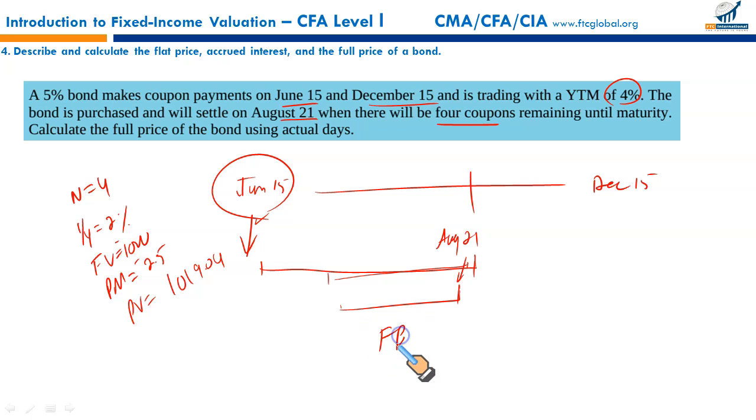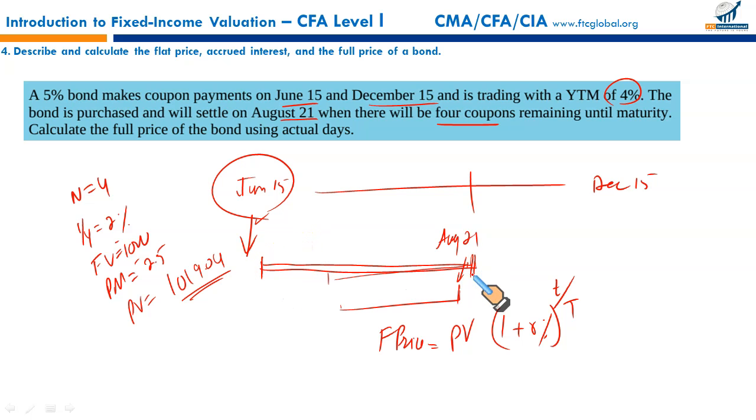The full price is equal to the present value, which we've just calculated, multiplied by 1 plus R% raised to the power t upon T. This small t represents the days from the last coupon payment till the settlement date, and this large T represents the days between one coupon payment to another.